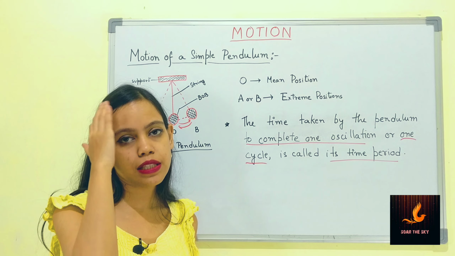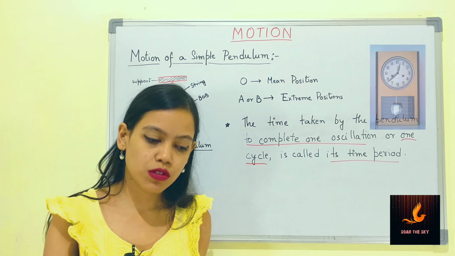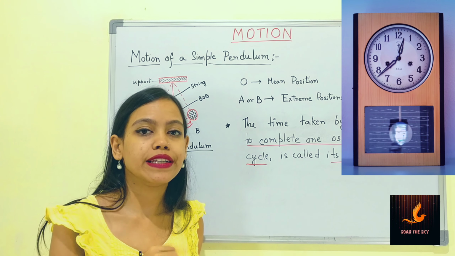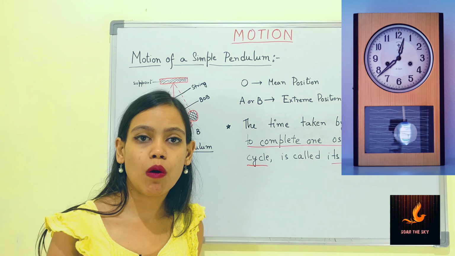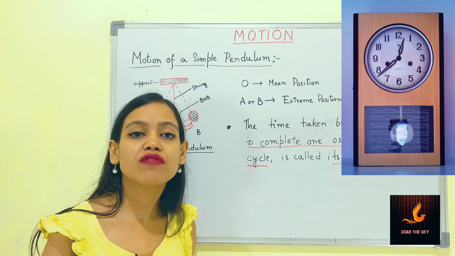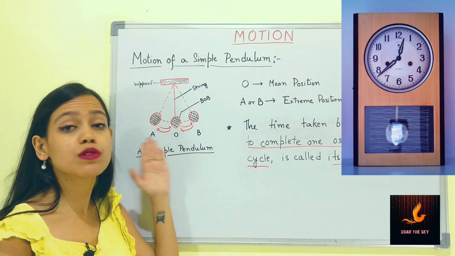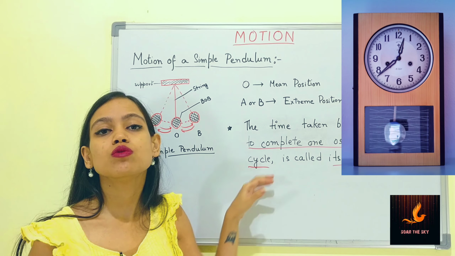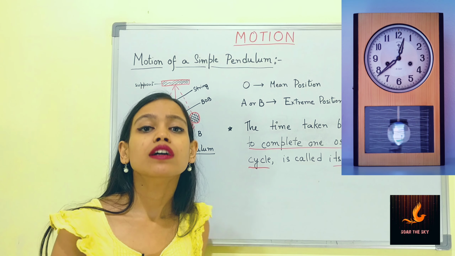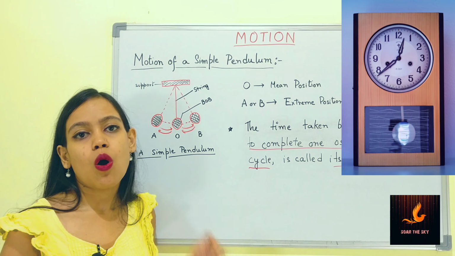We have all seen the big grandfather clock where there is a pendulum which is constantly swinging. In order to know how the pendulum's bob calculates the time, we need to know how a pendulum works and shows the time. That is why we need to know how we can calculate the time period of a pendulum.